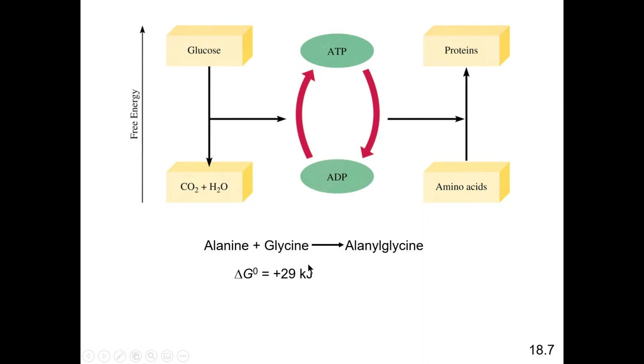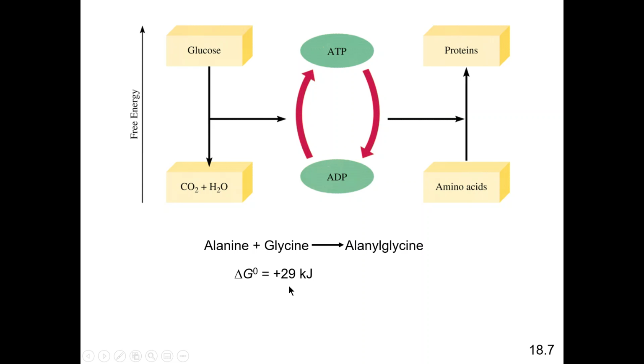So for example, just to see an example here of a simple dipeptide formed between alanine and glycine, it forms alanyl glycine. Delta G standard for this is plus 29 kilojoules. So therefore, what this is saying is that this reaction is non-spontaneous.